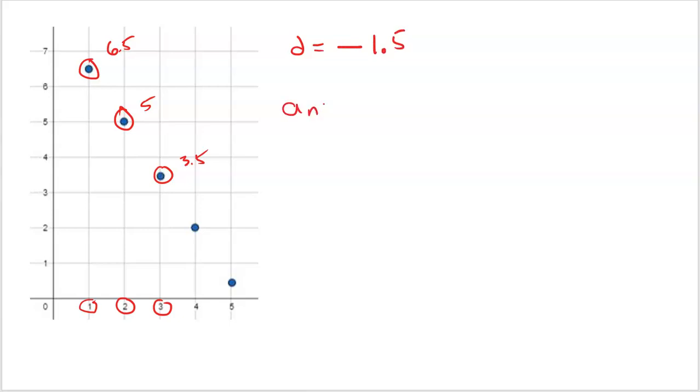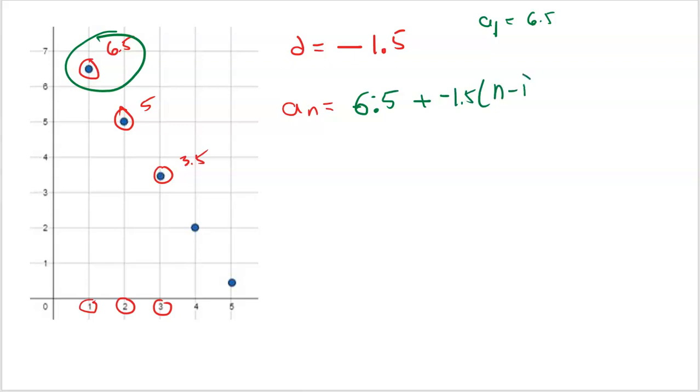All right, how do I find the formula for any term? Well, use any value you want. I'm going to go with the classic first term. The first term, a sub 1, equals 6.5. So here I go. Boy, this computer thing's not working well. 6.5 is the term value plus the common difference of negative 1.5 times n minus 1. 1 is the term number that I was looking at.